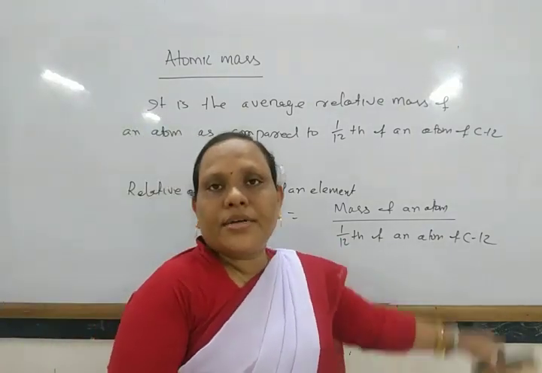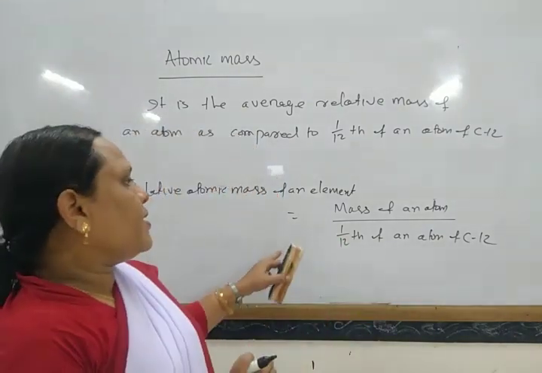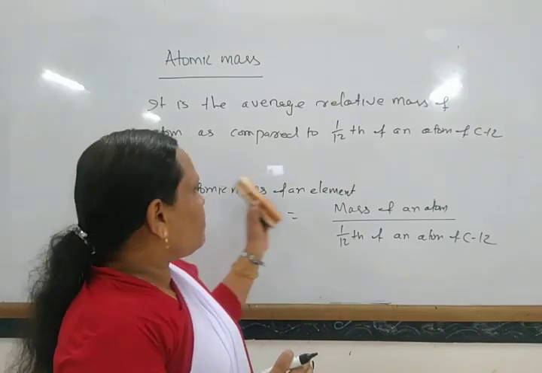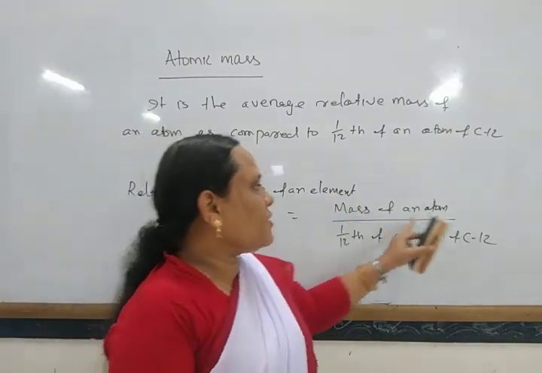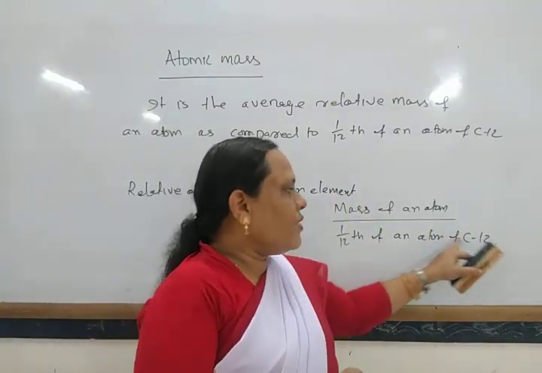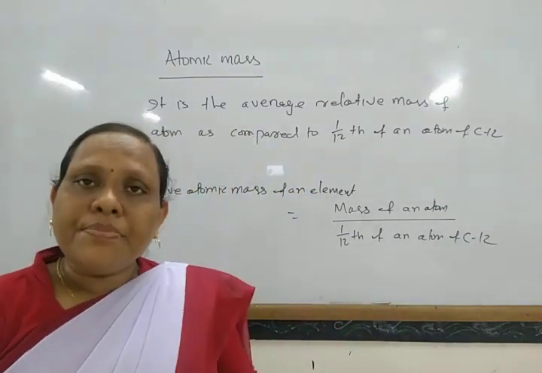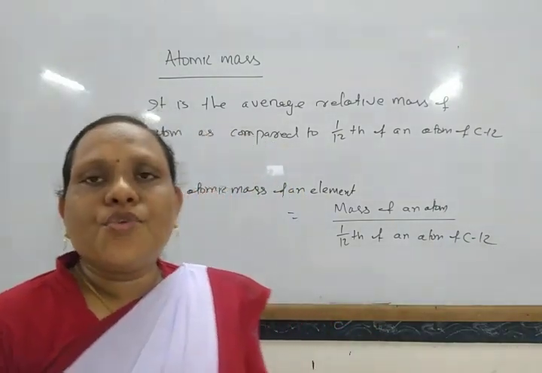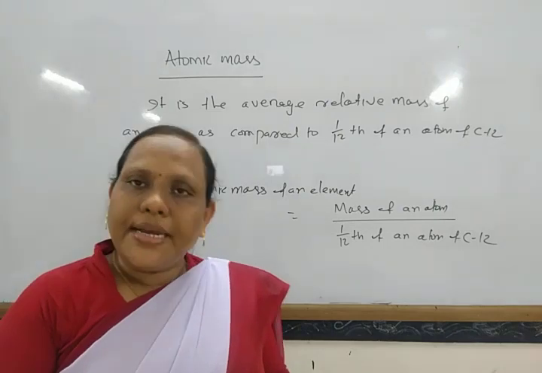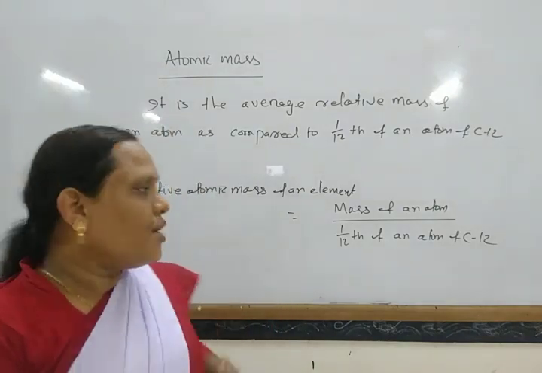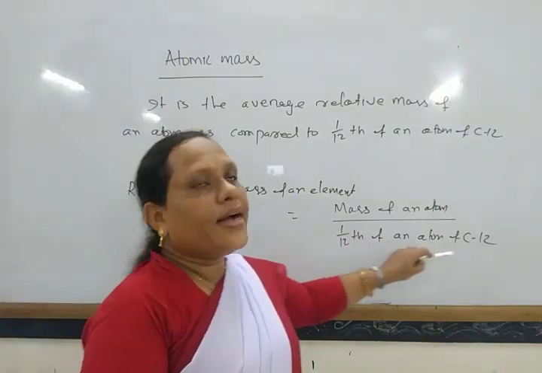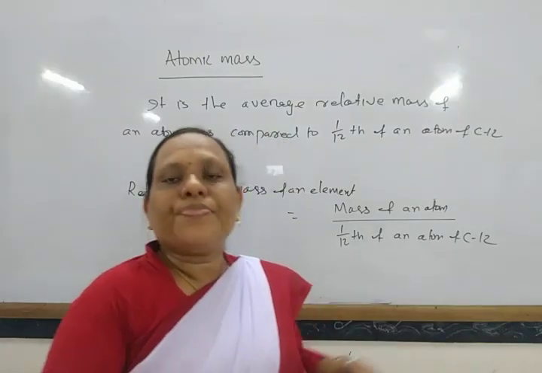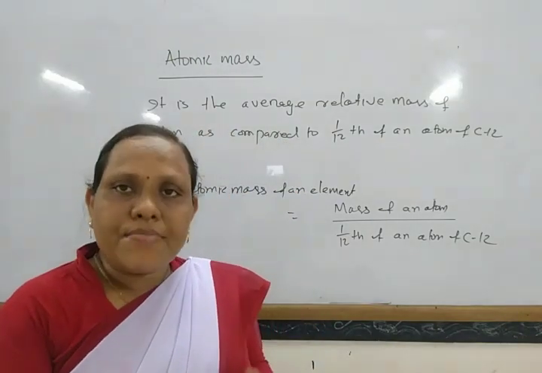That is the relative atomic mass of an element, the mass of an atom by 1/12 of an atom of carbon 12. That means how many times one atom of an element is heavier than 1/12 of an atom of carbon 12. That is known as atomic mass.